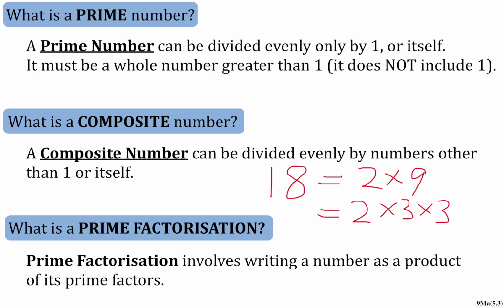So 2 times 3 times 3 gives 18. 2 times 3 gives 6, and 6 times 3 gives 18. 2 is a prime number because only 1 and 2 go into 2, and 3 is a prime number because only 1 and 3 can divide into 3. So 18 written as a product of prime factors is 2 times 3 times 3.